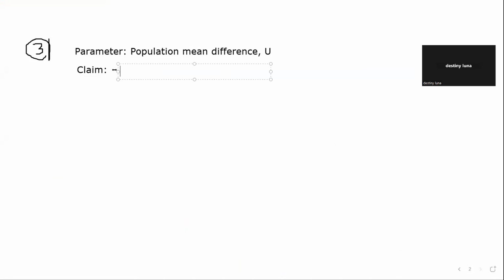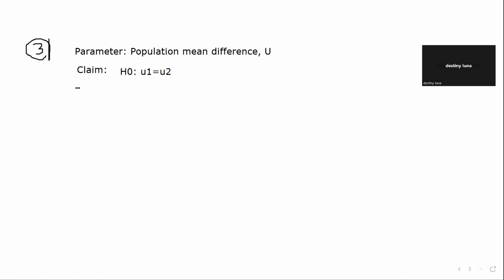So I'm going to say that this is H0 because I have an equality. So mu1 is equal to mu2. And I'm going to make a note here that I'll put it underneath. This is my claim.